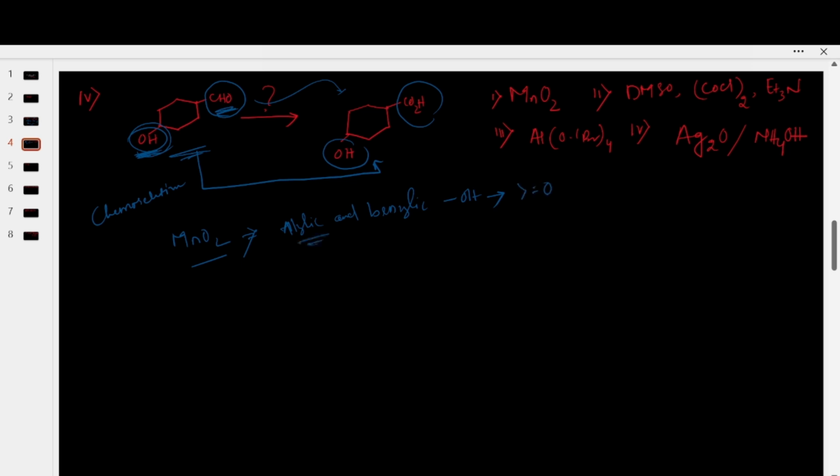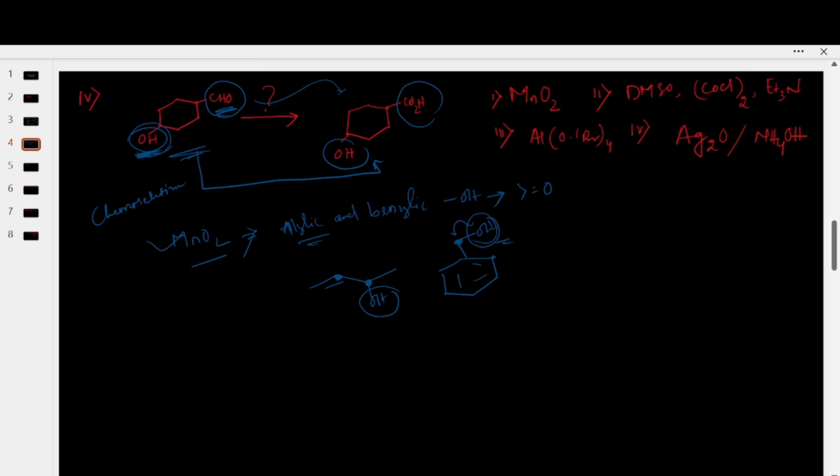So what do you mean by allylic position? So this position is known as allylic carbon. So that hydroxide is more selective toward manganese oxide. And what do you mean by benzylic position? Benzylic position is this one. So this is called benzylic carbon, and the hydroxide or OH group attached to the benzyl carbon is known as benzylic OH.